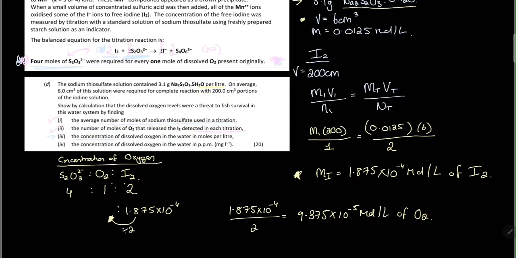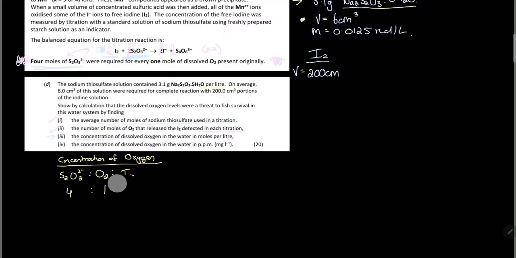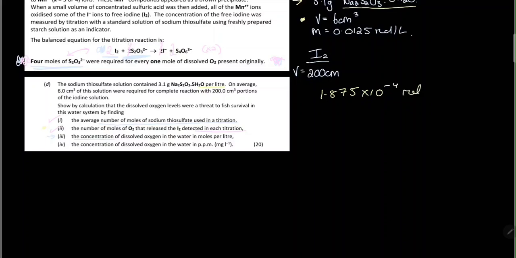Now, if you want to do it a different way, if we didn't want to work out this section here, we did work out already how many moles of oxygen were in the titration. From back up here in part 2, the number of moles of oxygen that released iodine in each titration, we worked out that it was 1.875 by 10 to the minus 5 moles of oxygen in each titration.